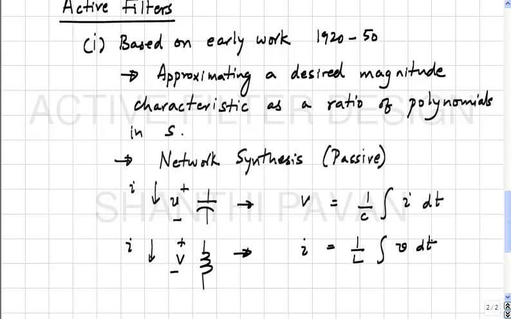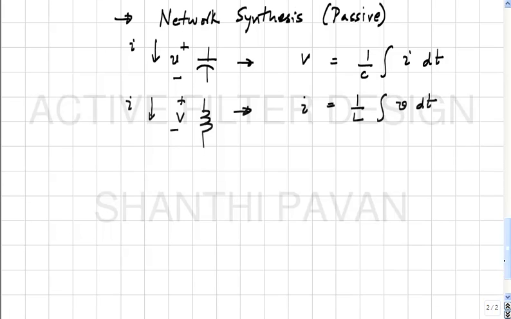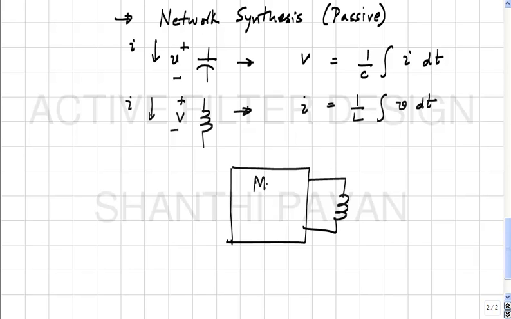So one idle thought that strikes you is that if I took an inductor and put a box in front, the magic box here, okay. So this is I2, this is V2, correct?